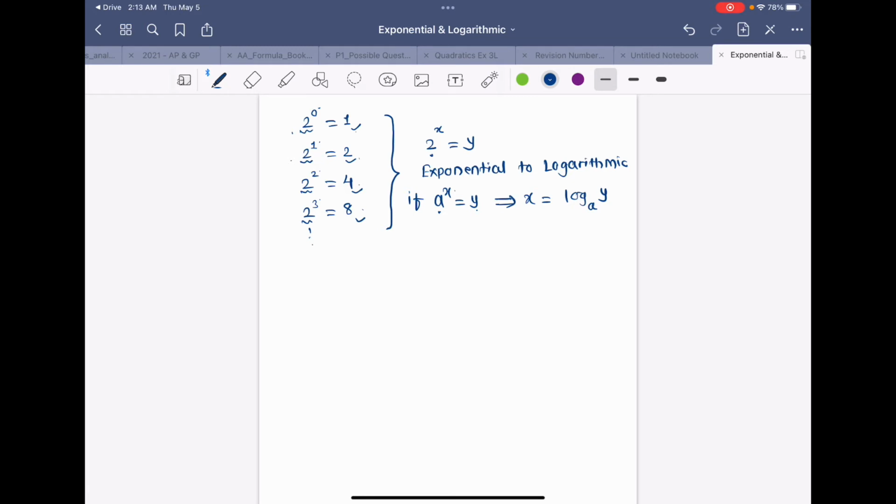In the reverse way, if we have a logarithmic function and we want to convert it into an exponential term, then the base goes to the other side, a raised to x, the log is cancelled and you will get y. So this is the first formula of exponential to logarithmic and logarithmic to exponential.